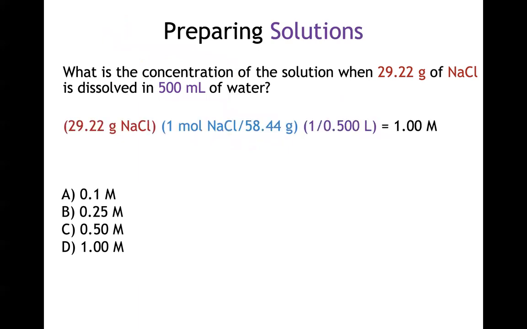Okay, so we have 29.22 times 1 mole over 58.44 grams times 1 over 0.5. It gives us 1 molar or 1 mole per liter, right? So D would have been the correct answer.